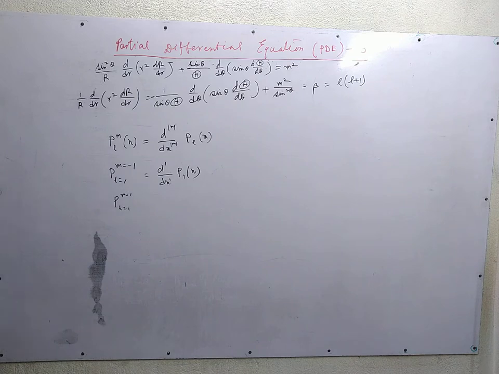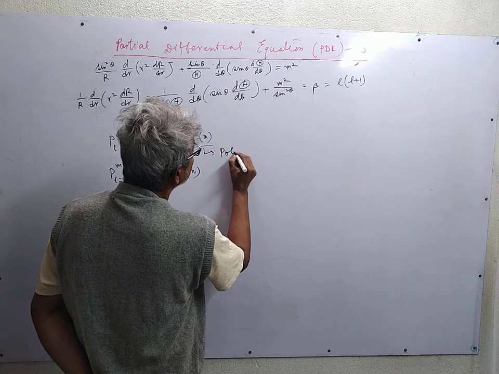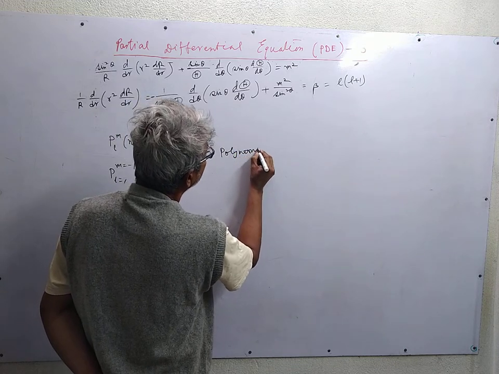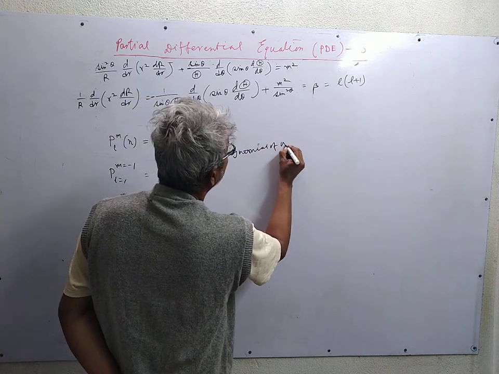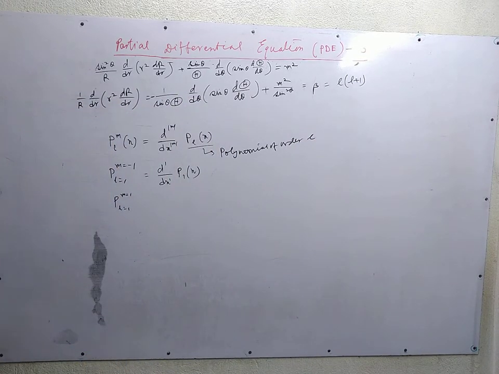Now recall that it is a polynomial of order L. So if we differentiate it L times, we will get a constant. If we differentiate it more than L times, I will get 0, and the solution will be trivial.